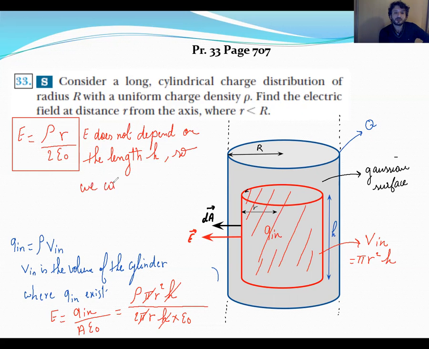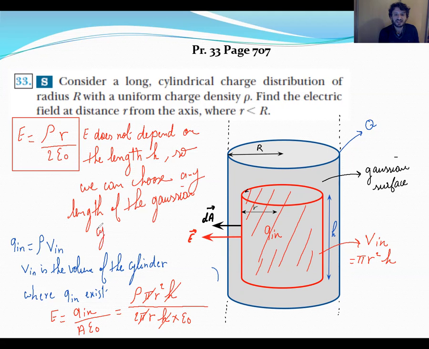So we can choose any length of the Gaussian surface, the Gaussian cylinder.